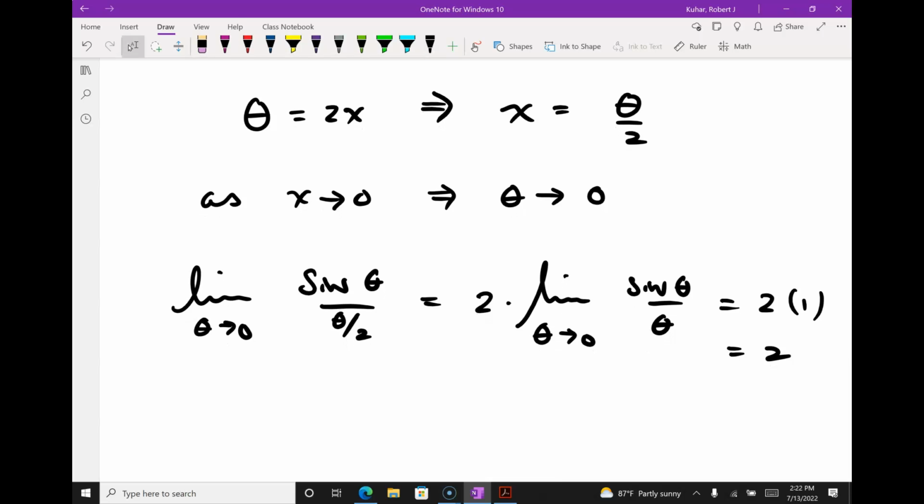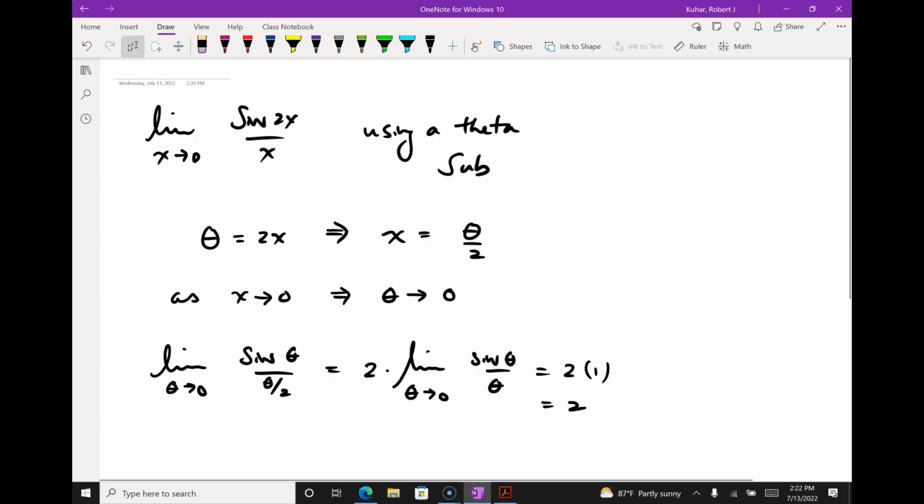We'll try another question. As x goes to 0, can you see that 2 times x is still going to 0, so theta is going to 0? It's getting there faster. But who cares?